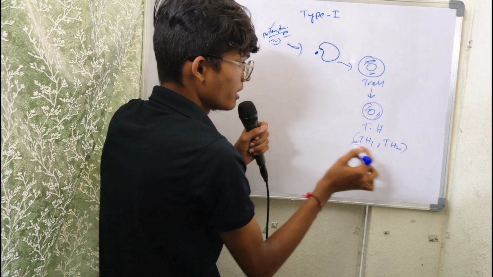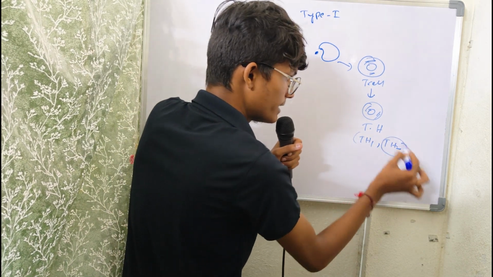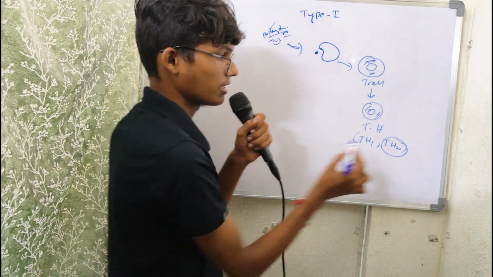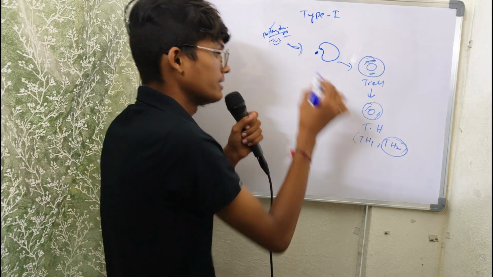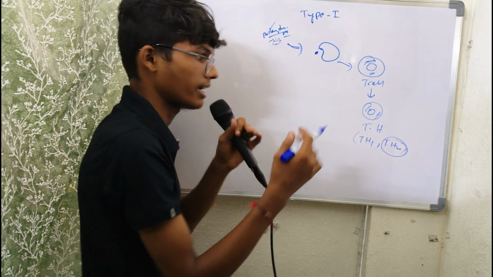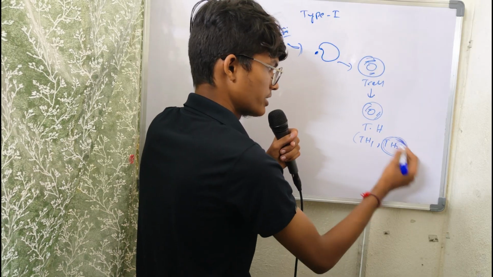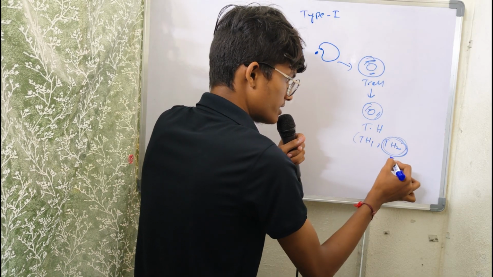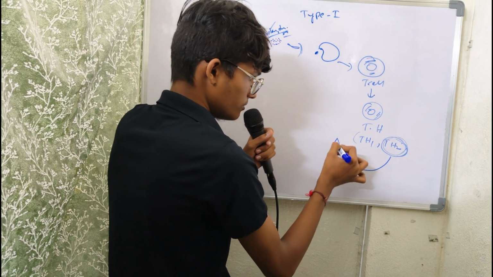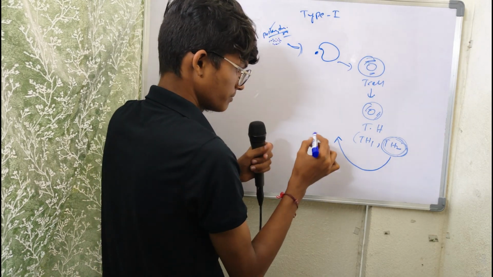Here mostly Th2 type cells are activated. The allergens have more attraction towards Th2, so it is more activated.